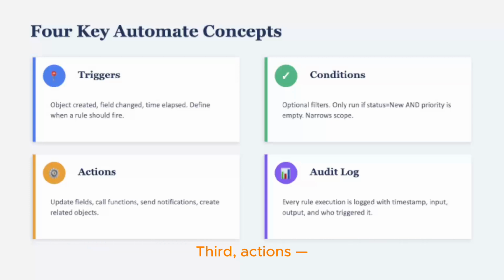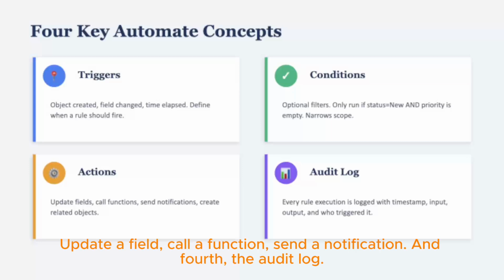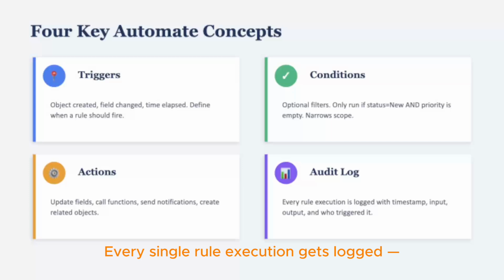Third, actions. What the rule actually does. Update a field, call a function, send a notification, and fourth, the audit log. Every single rule execution gets logged, like timestamp, input, output, and who triggered it. This is huge for compliance and for debugging.